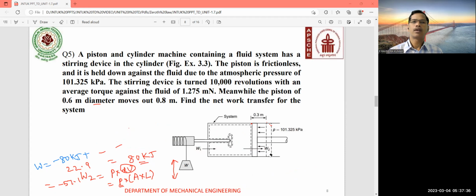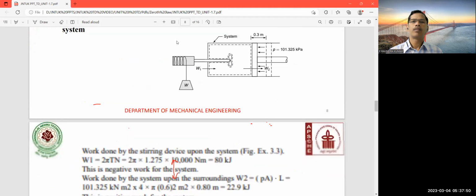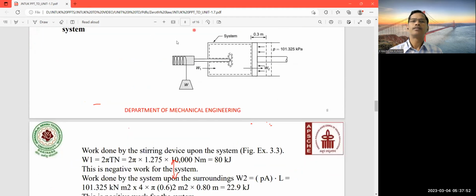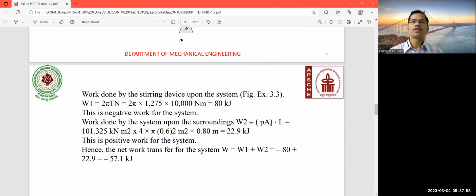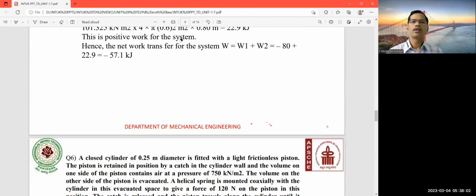This is the work transfer calculation, that is the PdV work. That is how you have applied the basic fundamentals. So this is the answer, minus 57.1 kilojoule.